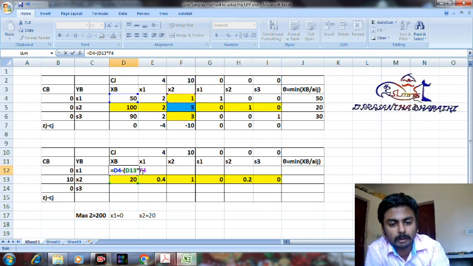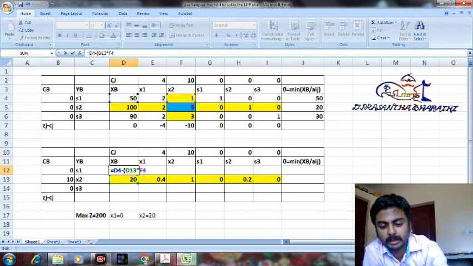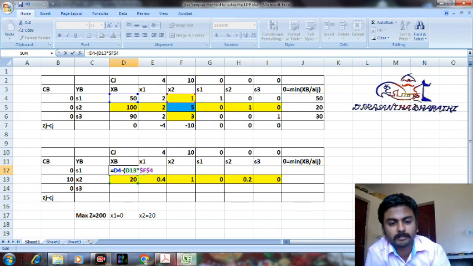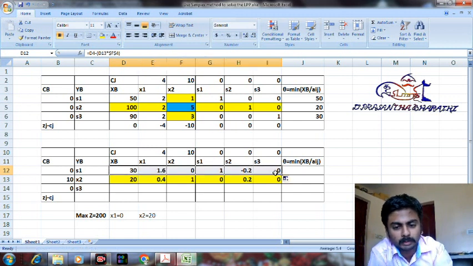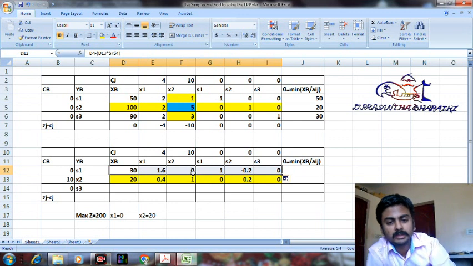I am locking this element because everything should be multiplied by this. I close the bracket, and we will have 30 here. When I drag it, we will have 0 here. When we have 0 about the pivot element, we can assume that our calculations are right.